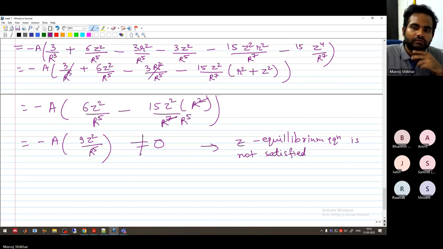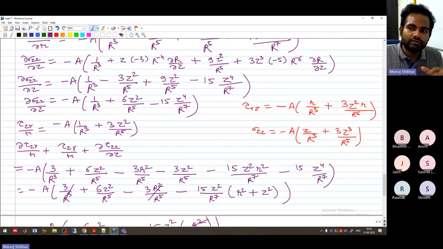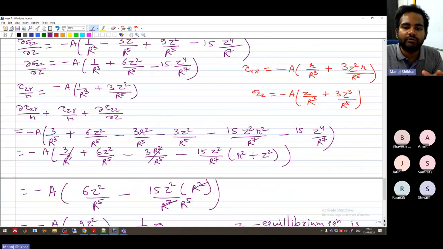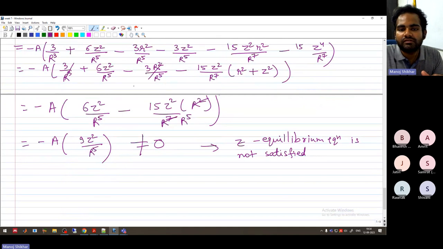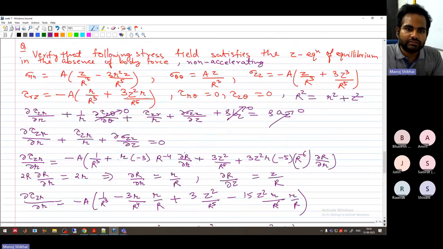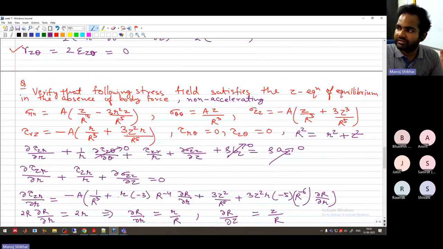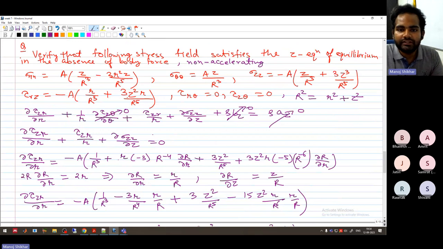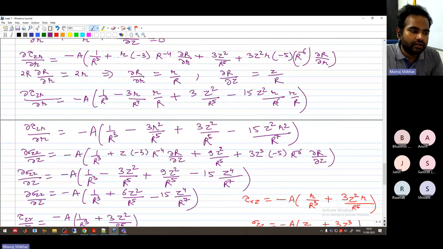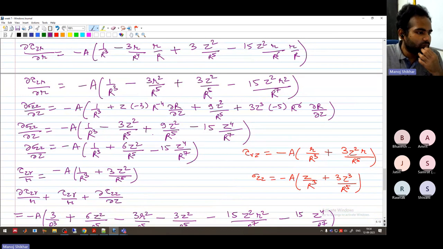Now suppose there was some calculation mistake here, and if you later find out that this term actually cancels, this becomes 0, then the Z equilibrium equation is satisfied. So this question was basically just to show you the procedure to conclude something. And I hope you will retry it at your home. And let's see if you find any bug in the solution.